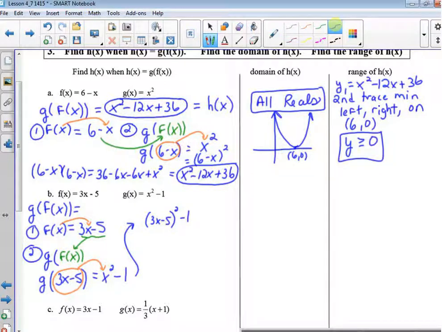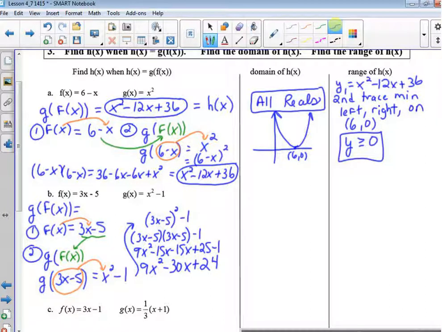So I need to again FOIL that. So (3x minus 5)(3x minus 5) and then minus 1. So 9x squared minus 15x minus 15x plus 25 minus 1. 9x squared minus 30x plus 24.